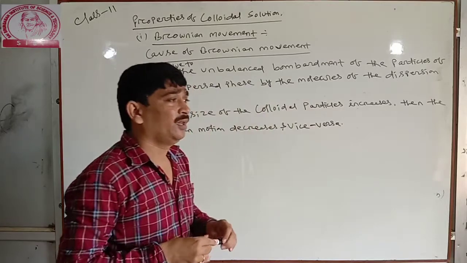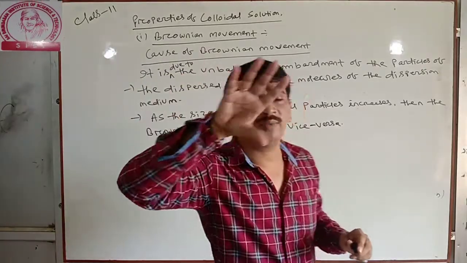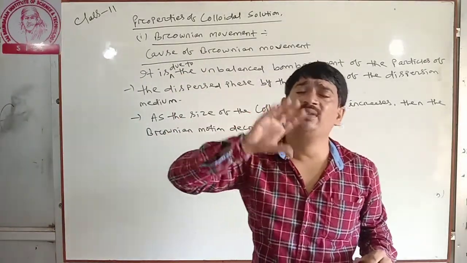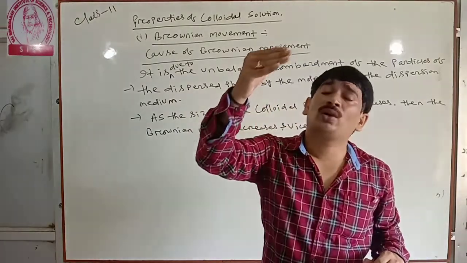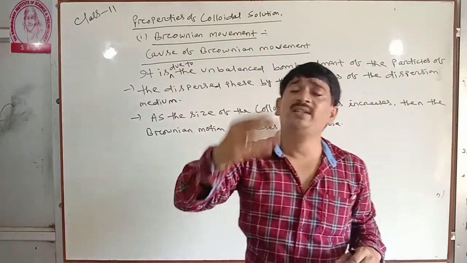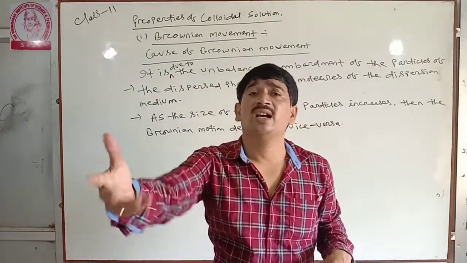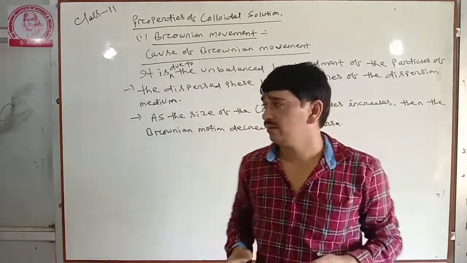If the size of the colloidal particle increases, then Brownian motion decreases. If the size of the colloidal particle decreases, then Brownian motion increases.